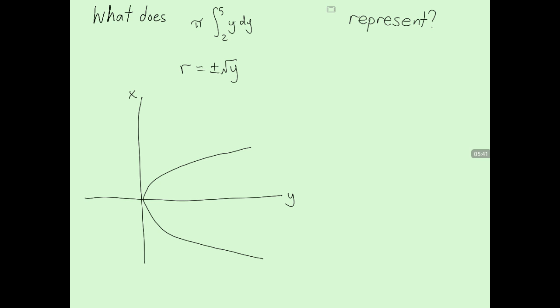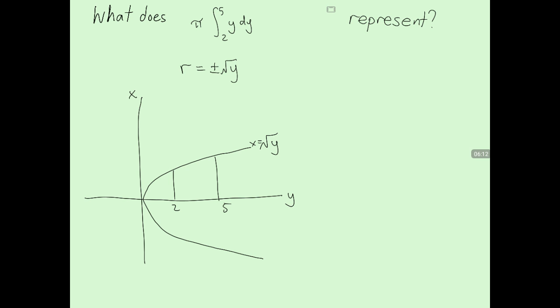So if we take this function from 2 to 5, let's suppose that this is y equals 2 and this is y equals 5, then it doesn't matter whether we use plus or minus. So just for simplicity or convention, let's just use plus right over here. So x equals plus root y.